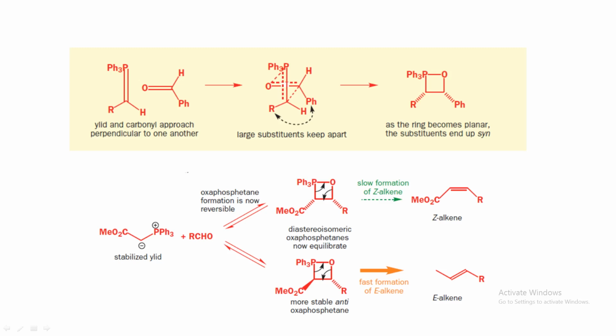Now you can see they are actually reacting in this type of perpendicular fashion, not a parallel approach. In this type of perpendicular approach, the transition state would always be preferred where the interaction between the two bulky groups, in this case the R group and this phenyl ring, is minimized.